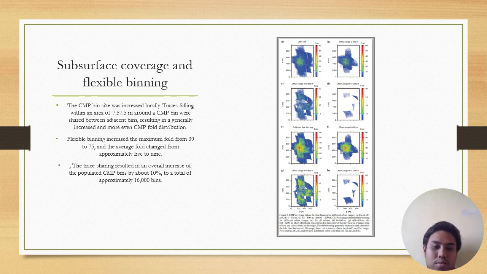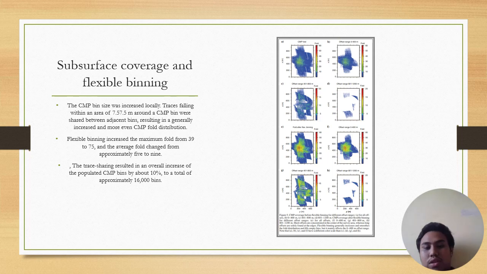Next is about the subsurface coverage and flexible binning. The CMP bin size was increased locally by trace sharing for an area of 7.5 by 7.5 meters around the CMP. The bin was shared between adjacent bins, and it also increased the CMP fold distribution.